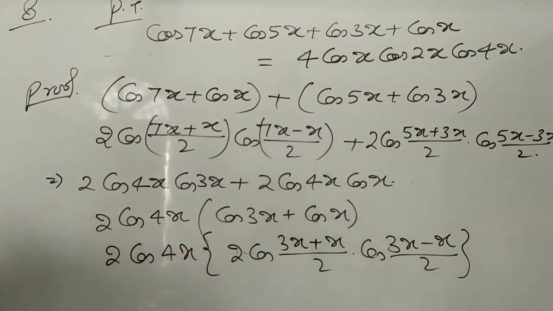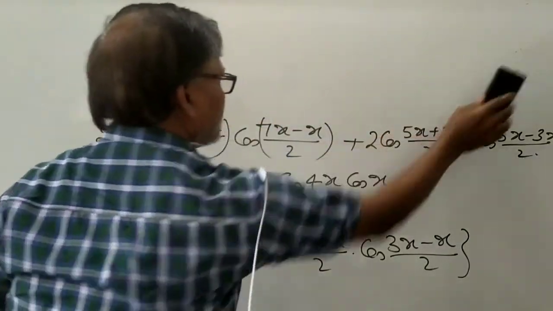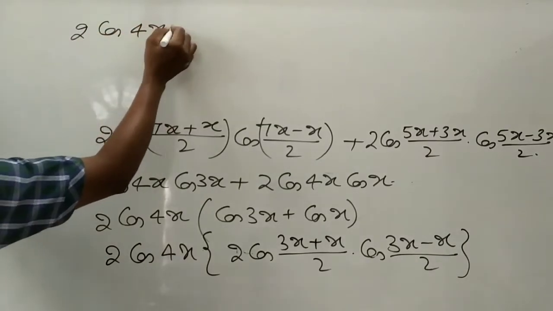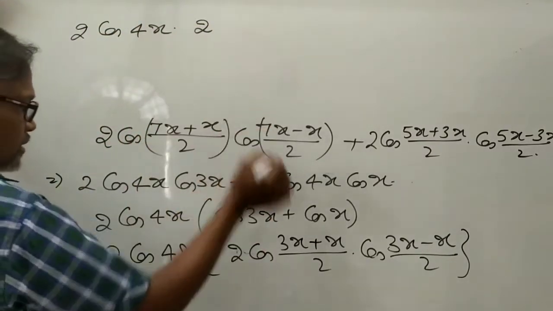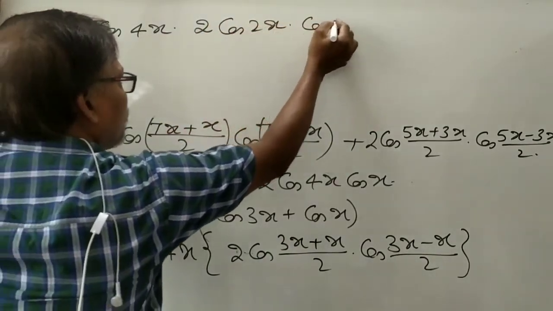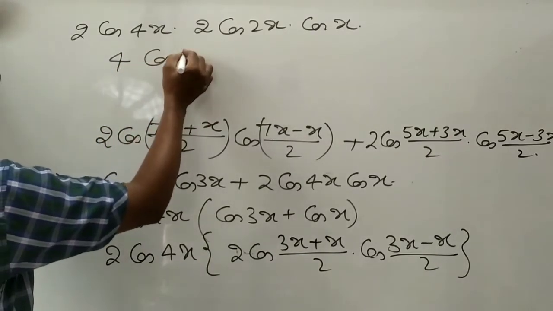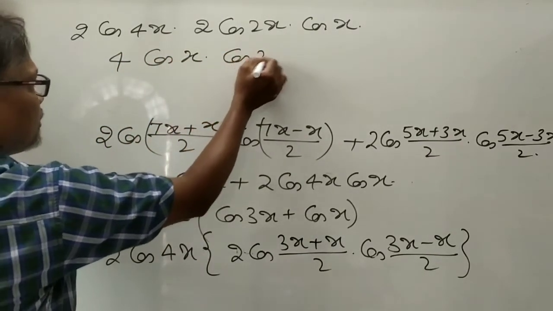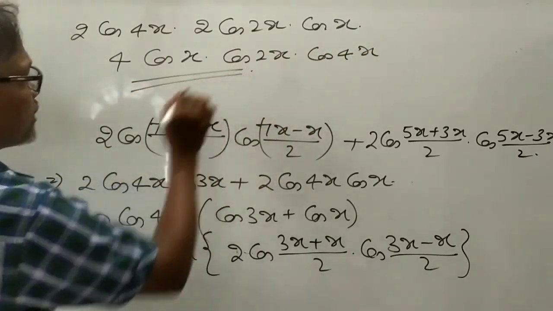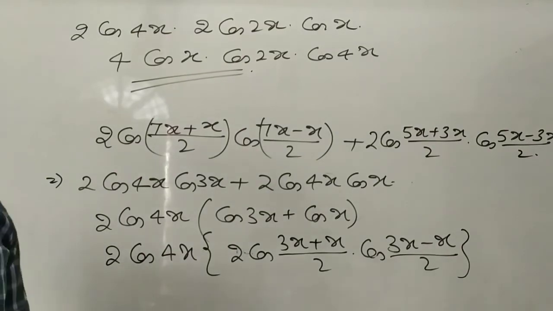So if you simplify, what you will get? 2 cos 4x into 2 cos 4x by 2 means cos 2x and this is cos x. 2 into 2 makes 4 cos x. अब एक सीरियल में लिख लेते हैं क्योंकि मल्टीप्लिकेशन में कोई दिक्कत नहीं, तो this is the right hand side. So by using this you can get the answer.